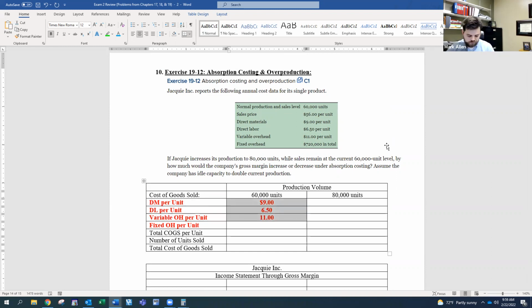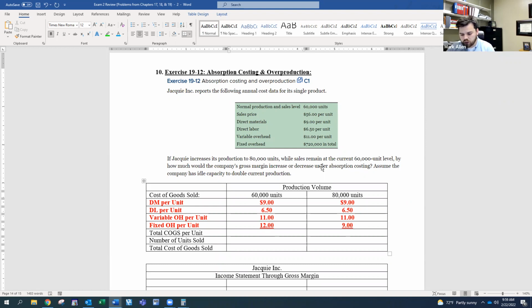And all of that stays the same even at the 80,000 production level. What's going to change is my fixed overhead. Right now at 60,000 units, this is computed as the 720,000 divided by the 60, which is $12 per unit. Here, I'll be taking that 720 dividing by 80,000, and that's $9 per unit.